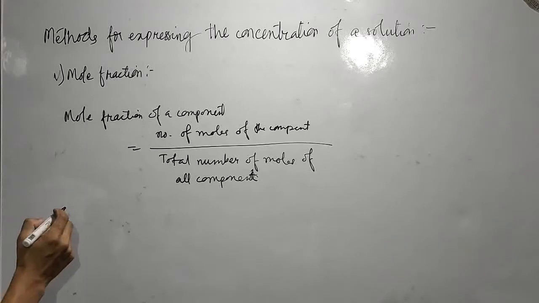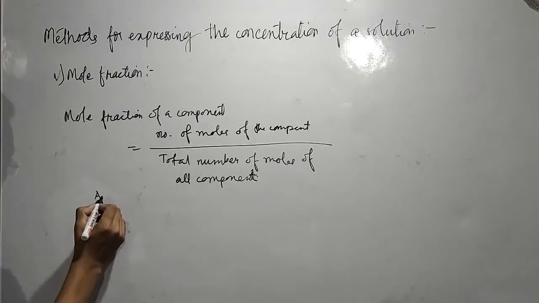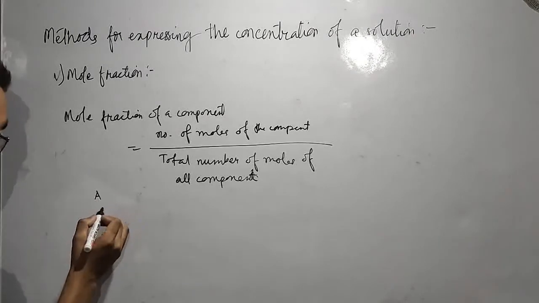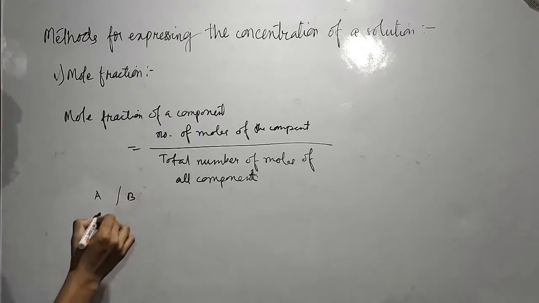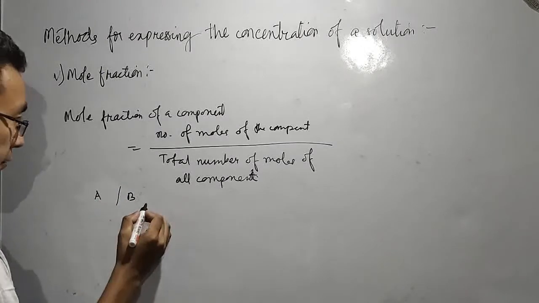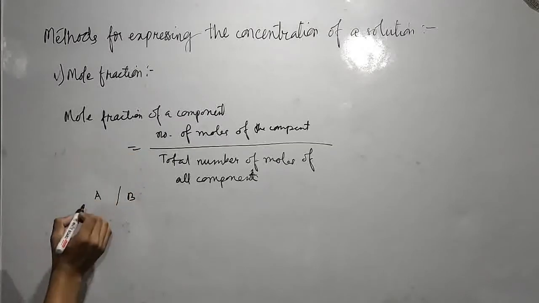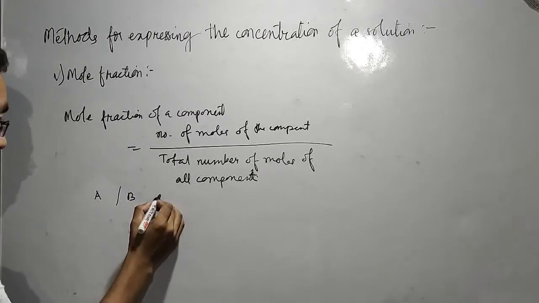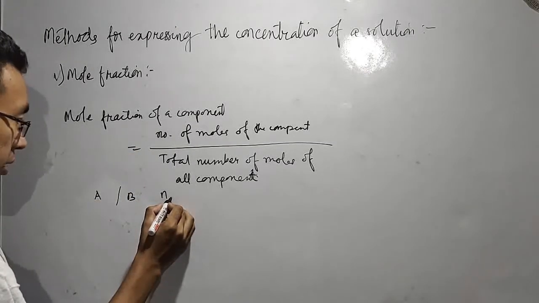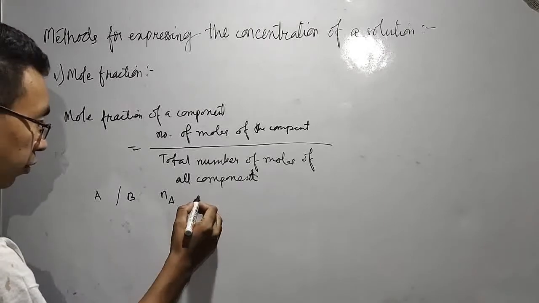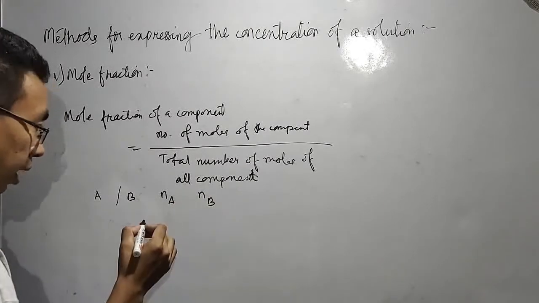Suppose we take A as solute and B as solvent, and say the number of moles of component A is Na and the number of moles of component B is Nb.